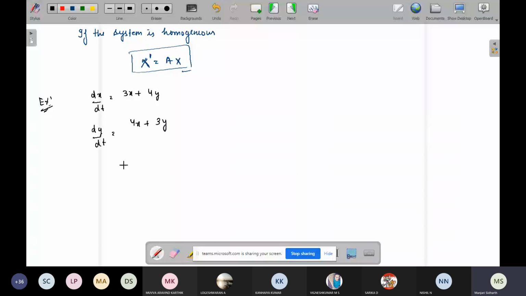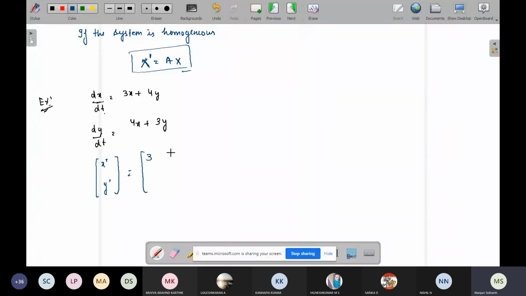Please see it carefully: x and y are both dependent variables depending on the single independent variable t. If the equation contained a function of t, it would be non-homogeneous, but it does not, so it is homogeneous.